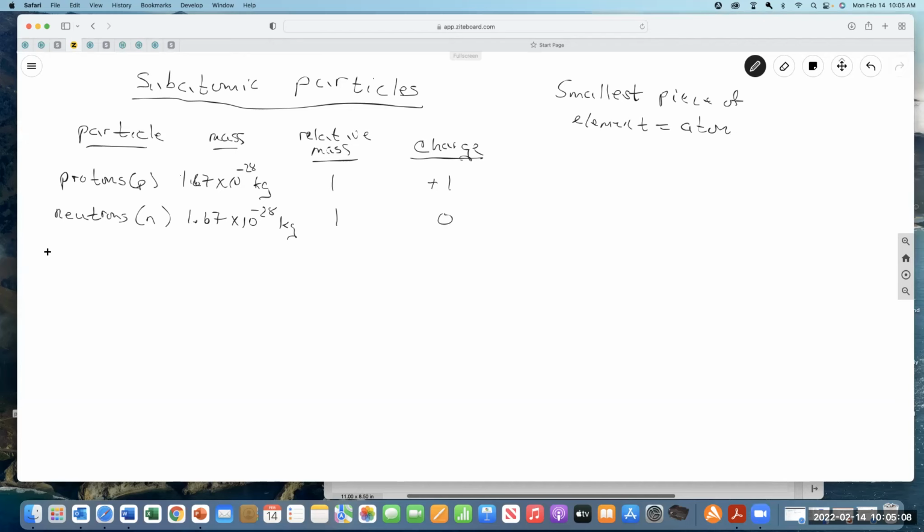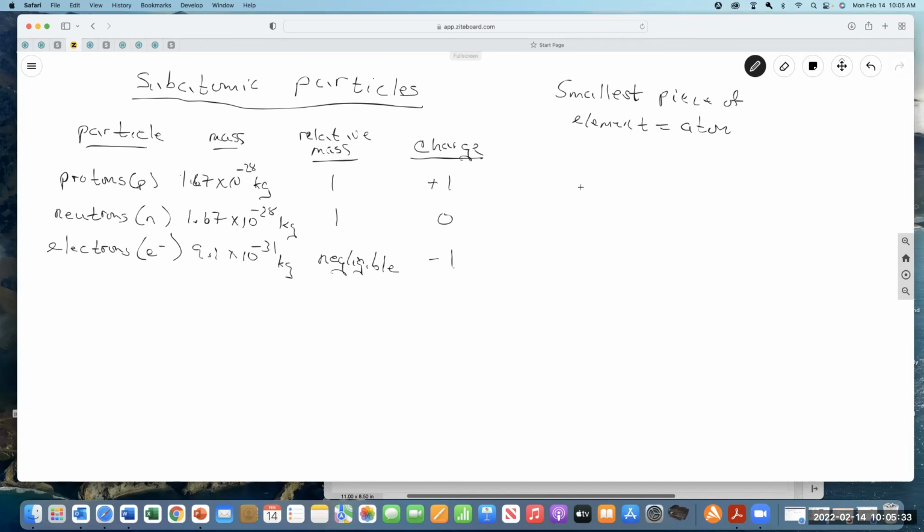And then there are electrons. They're abbreviated with an e minus. They are 9.1 times 10 to the minus 31 kilograms. Now, for the relative mass, we're going to call this negligible. I'll explain that in a minute. And the charge is -1.